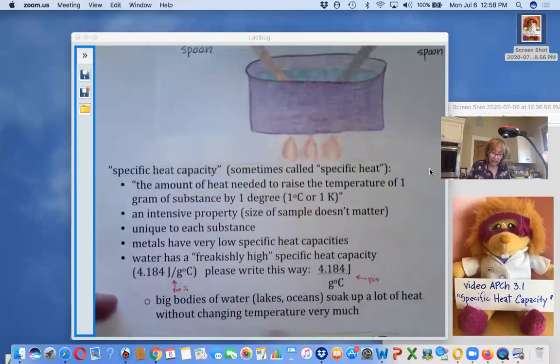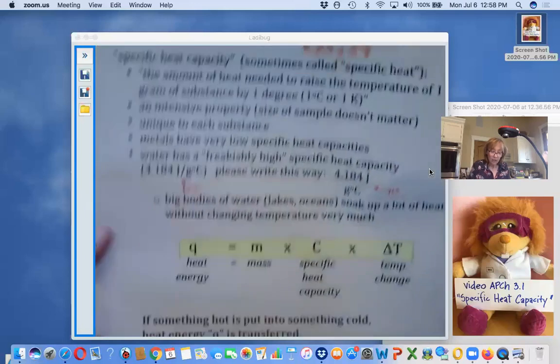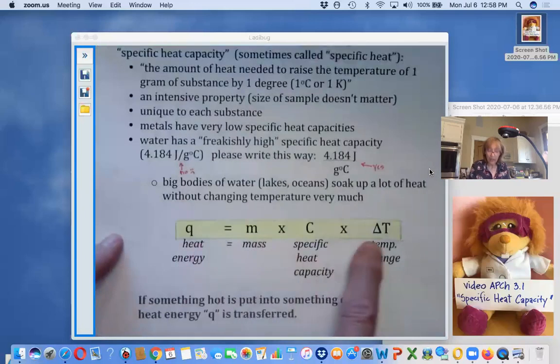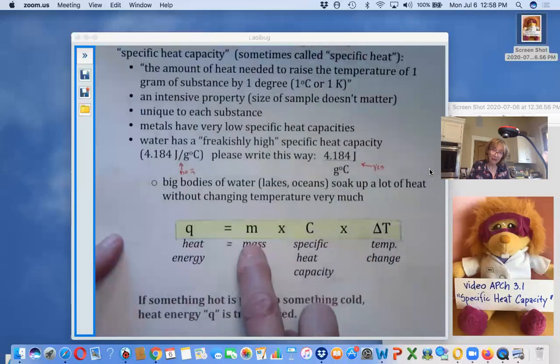know that the unit, joule per gram degree, is kind of a bulky unit. Know the mCΔT equation that relates specific heat capacity to temperature change and to mass and to the amount of heat absorbed.